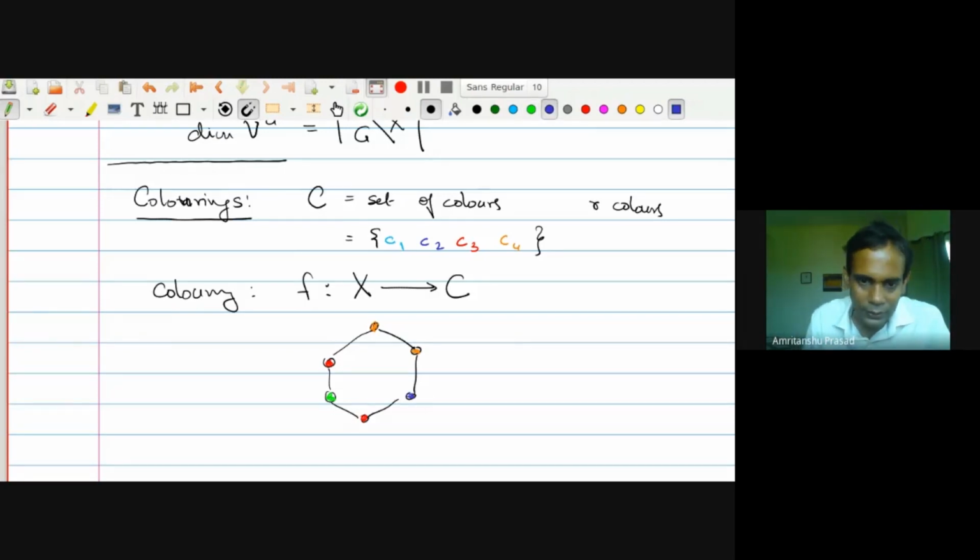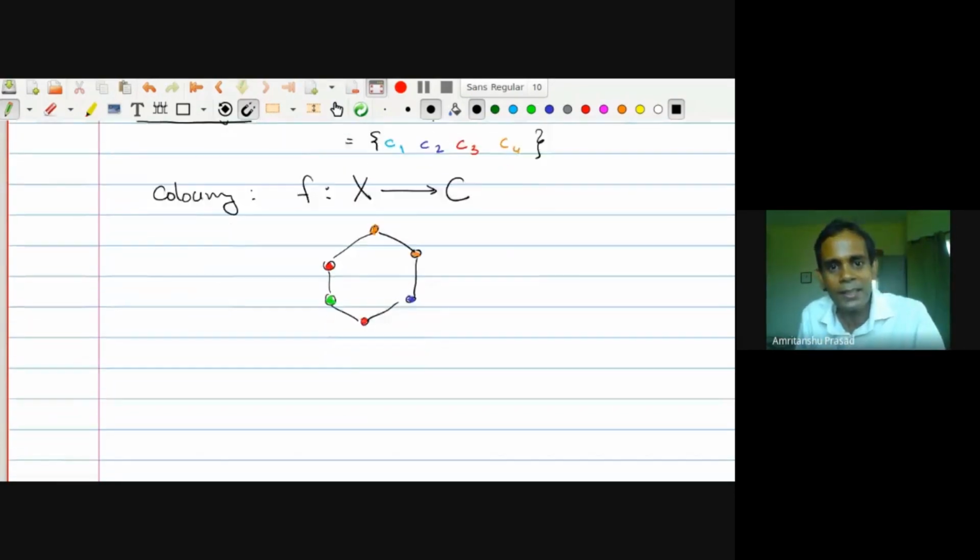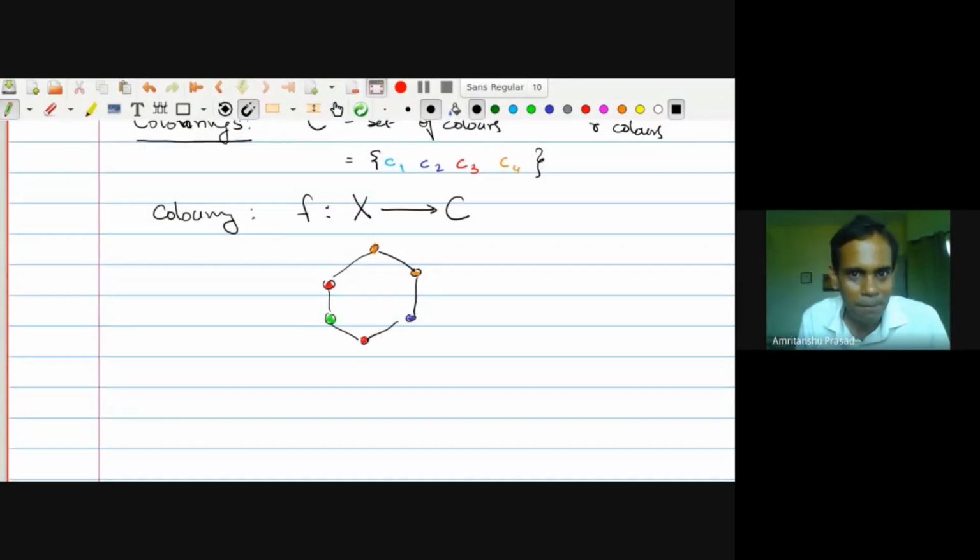So this is a coloring of this necklace with 4 colors. Now in graph theory, you would say a proper coloring means that these two cannot have the same color. But right now we are just looking at colorings. Even if the thing is a graph, we're not putting any conditions. So a coloring is just a function from X to C.